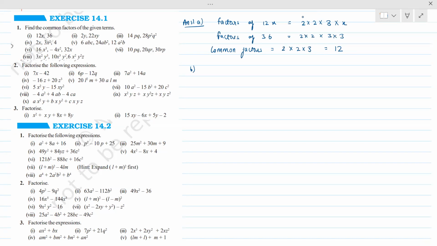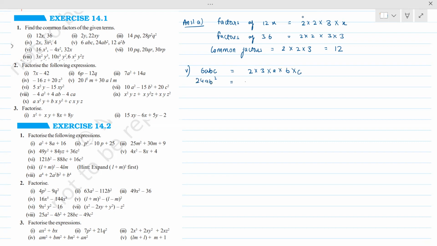B part, let's do any other part, any bigger part from here. Let's do the fifth part. Let me write fifth only, which is 6abc. The factors of 6abc are 2 into 3 into a into b into c.